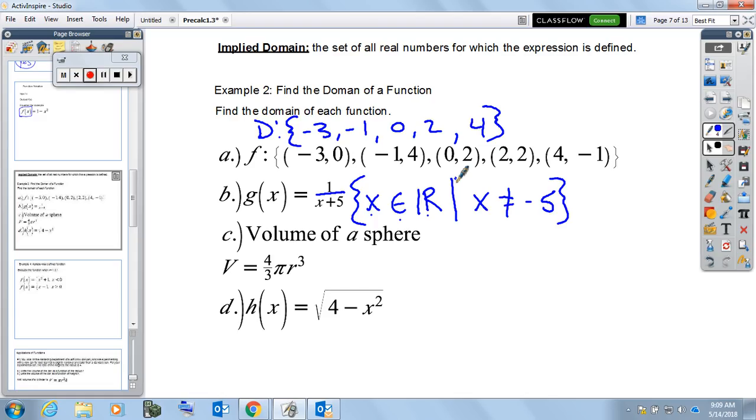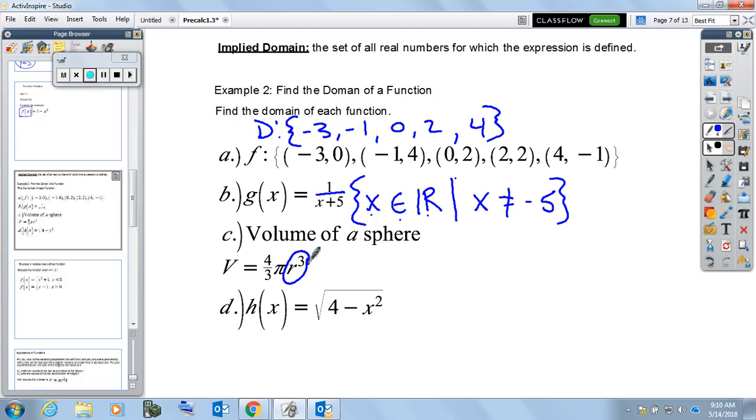And so when we're dealing with the volume of the sphere, well, R is our input values. The radius of the sphere is our input values there. And so if we need it to be positive, all right, the radius can't be 0 and it can't be a negative value, all right? And so we have to make sure that it is positive or greater than 0.